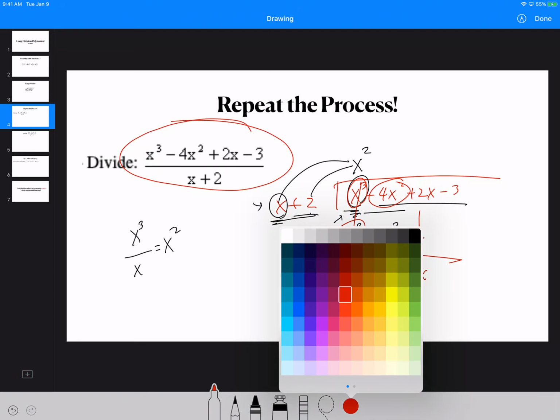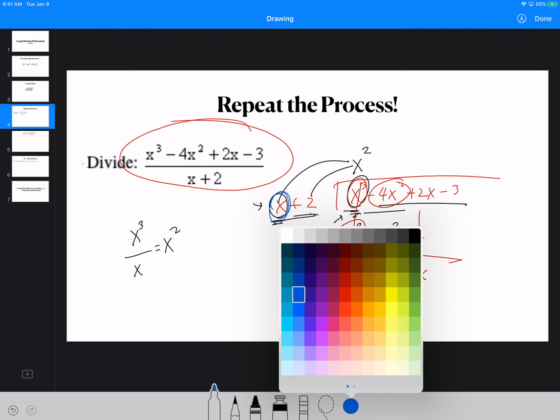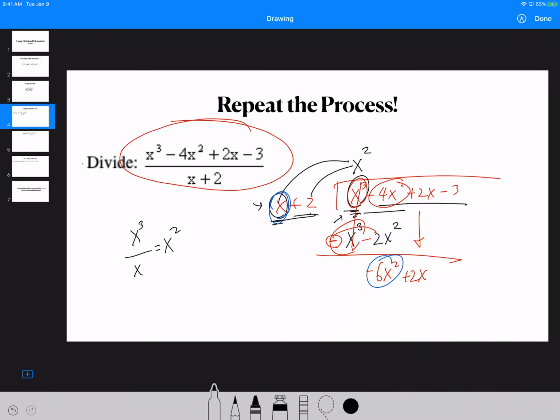You want to highlight, I'm going to use a different color, highlight the x, highlight the negative 6x squared, and ask yourself, how many times can x fit in negative 6x squared? Well, that's exactly minus 6x times, because by multiplying x with negative 6x, I get minus 6x squared.